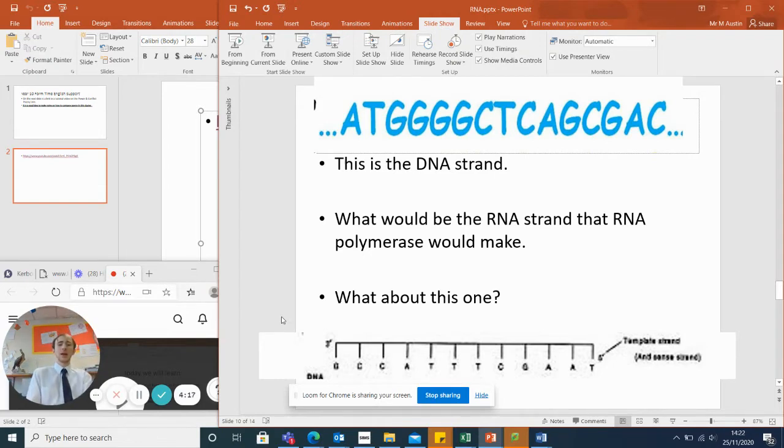Now, if that is a strand of DNA, then you have to think about what the RNA strand would be that RNA polymerase would make. I'll give you 40 seconds, just have a look at it. What would you think would be the sequence of bases in the RNA strand, given that that is the DNA strand, the blue one at the top?